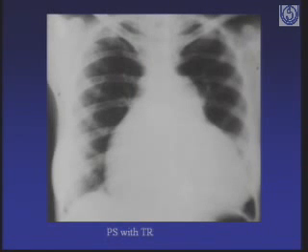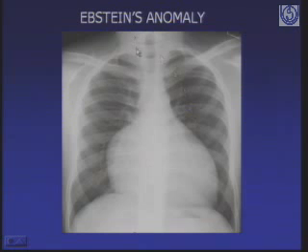To differentiate this from pulmonary stenosis with intact ventricular septum with significant TR, we will get a prominent pulmonary artery segment with pulmonary stenosis, because there is post-stenotic dilatation, which is a very good treatable lesion. We can just do balloon dilatation of the pulmonary valve and it's normal. But with Epstein's anomaly, our treatment option is only surgical, and the results of valve repair of the tricuspid valve in Epstein's anomaly are not so satisfying.